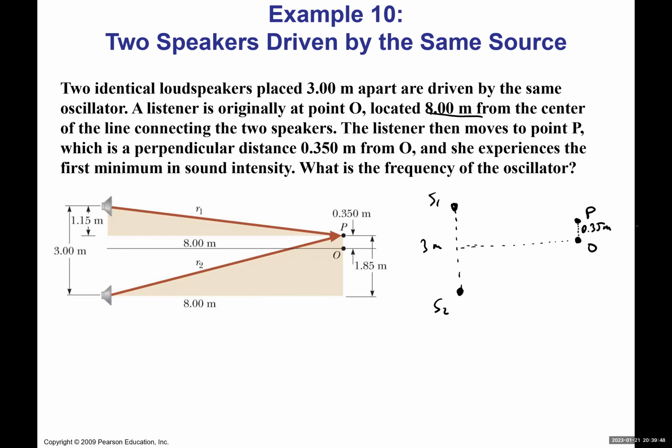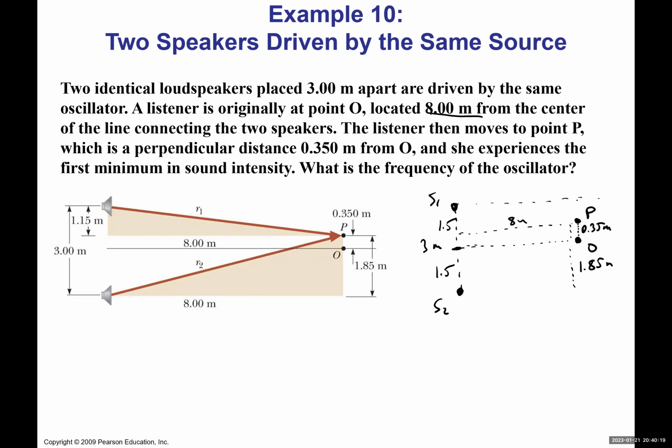Now, if this is 3 meters, then technically this would be 1.5 and this would be 1.5. Now I can draw a line from there to here. This is still 8 meters, and the distance from there to here is 1.85 meters.